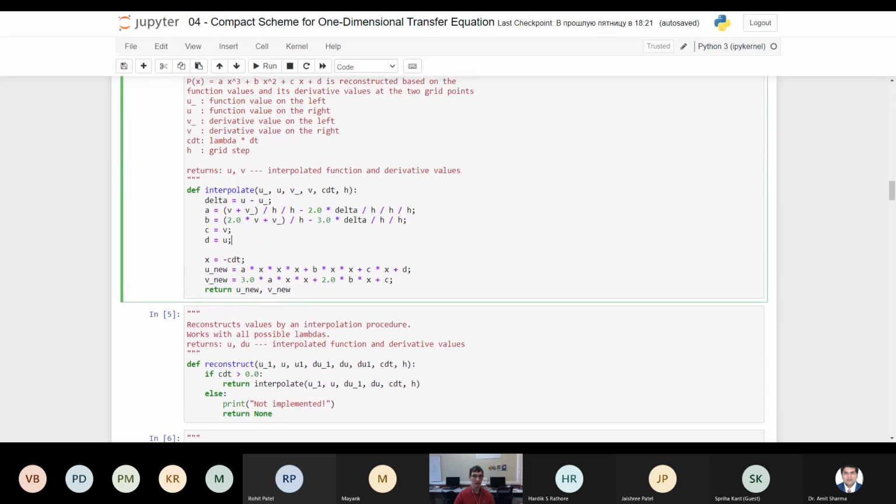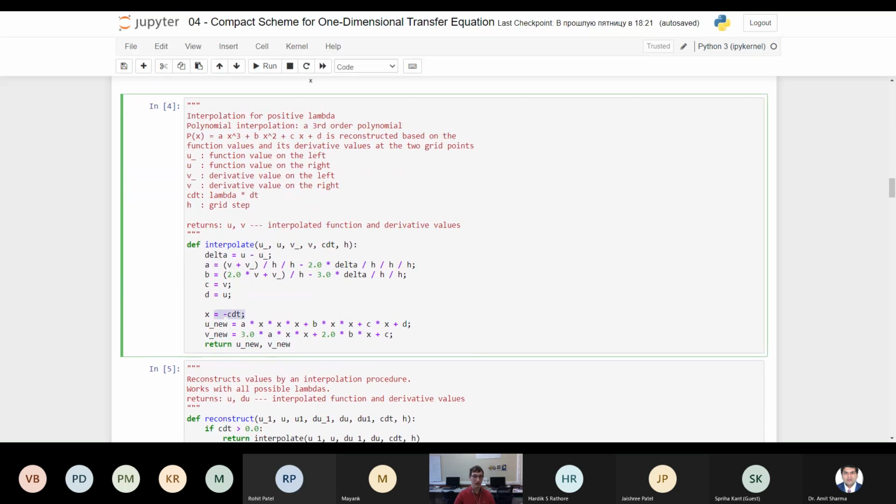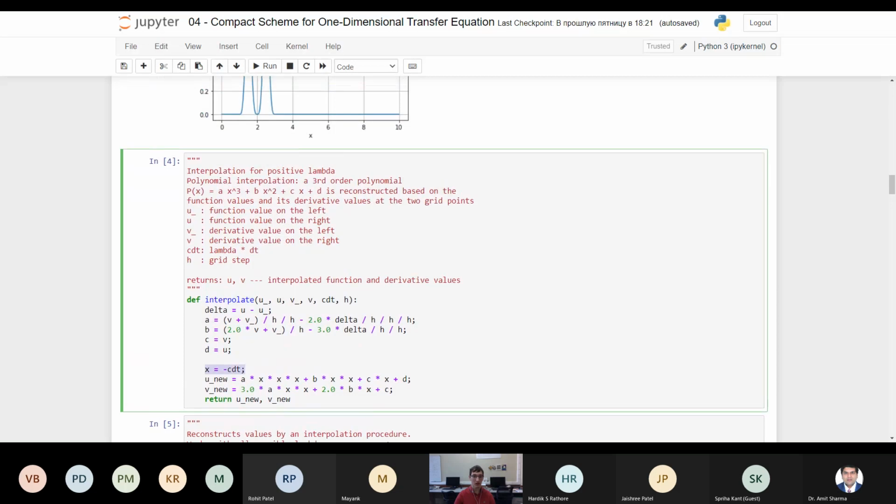Then we define x as the point for interpolation, and then we calculate the values on the next time step, just substituting the x into the polynomial formula, both for u and for derivative v.